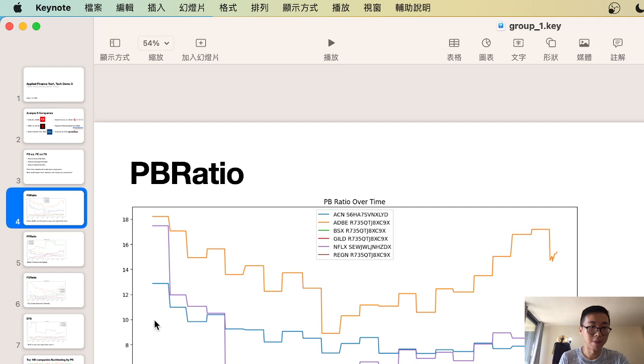But Adobe, Netflix, and Accenture are higher than six, significantly higher than the biotech companies. Adobe, Netflix, and Accenture are also tech-related industries.